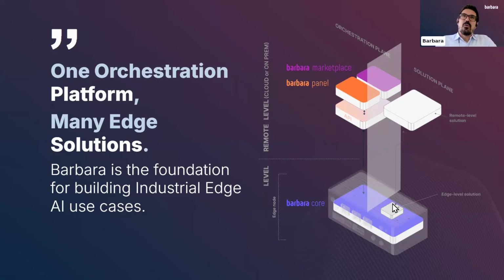Okay? So what should we do with this machine to convert it into the Barbara Edge node? The first thing, this machine needs to have installed what we call the Barbara Core. We have it here. The Barbara Core is our operating system, right? And it is an operating system developed by us and based on Linux, and it is designed thinking about cybersecurity.